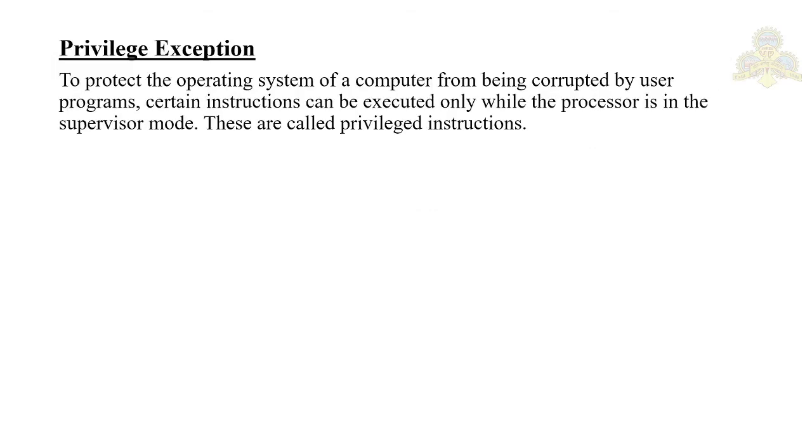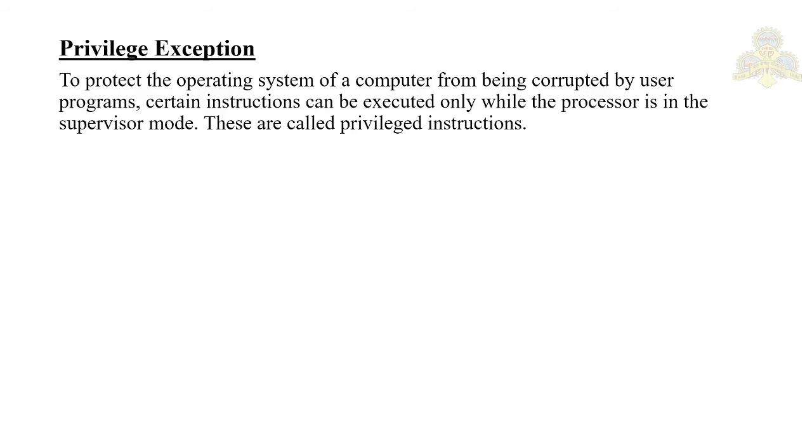Another type of exception is the privileged exception. To protect the operating system of the computer from being corrupted by programs, we need certain instructions that can be executed only when the processor is in its supervisor mode. These are called privileged instructions.